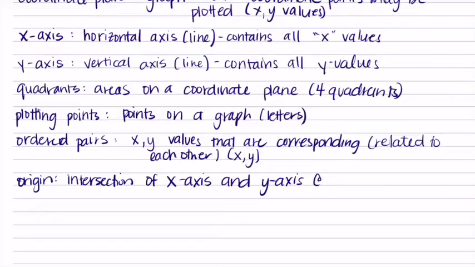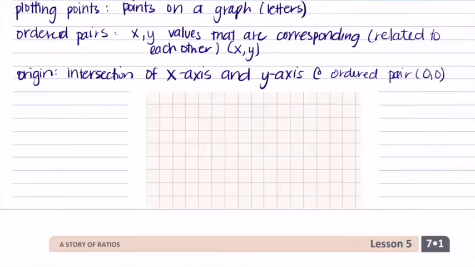The origin has its own ordered pair of (0, 0). Notice that I keep putting ordered pairs in parentheses. That's on purpose. So all I've done is added a sticky.